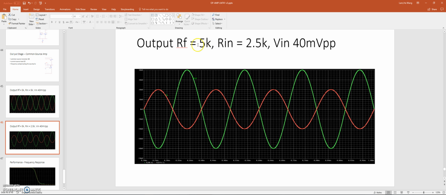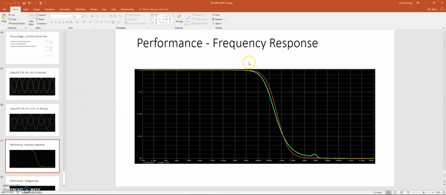And then here we try a -2 gain, 5K and 2.5K. The red one is the input, the green one is the output. So we have a -2 output, which is working. Frequency response: again, the red one is the actual LM741, and the green one is my low power version. So we have a similar cutoff. It's a little bit lower.